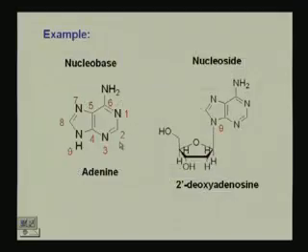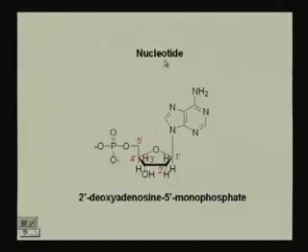Okay. So, we have our nuclear base, an adenine. We have a nucleoside, which is the base attached to the sugar. The sugar in this case is 2' deoxy, which means there is just the H here, there is no O. Then we have our nucleotide, which is 2' deoxy adenosine 5' monophosphate, but I could have just written this as dAMP.